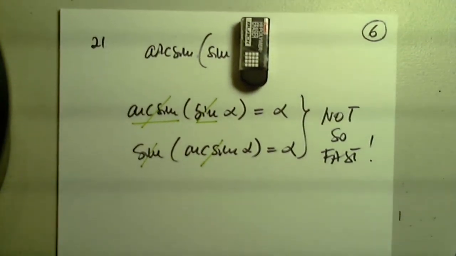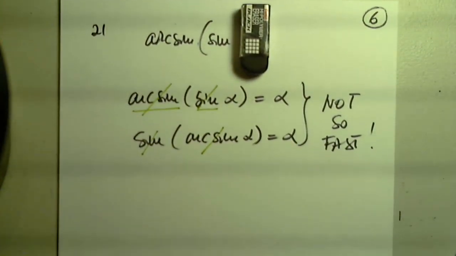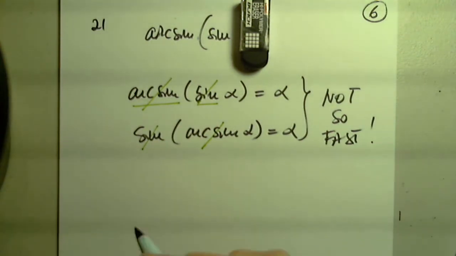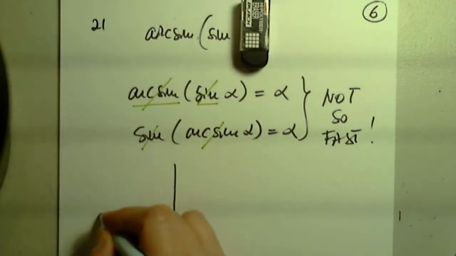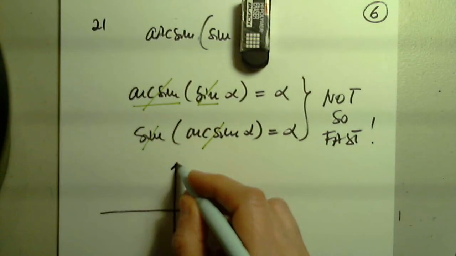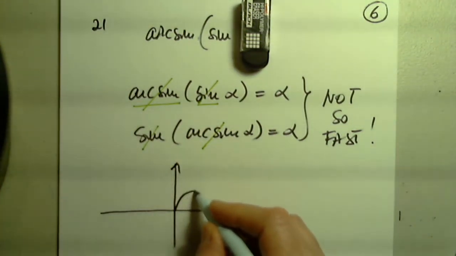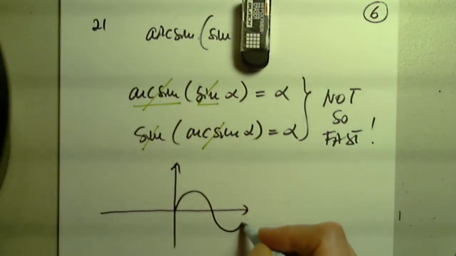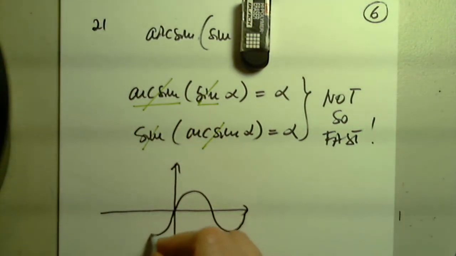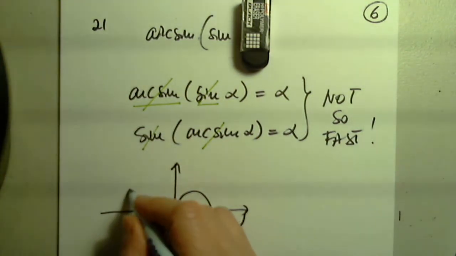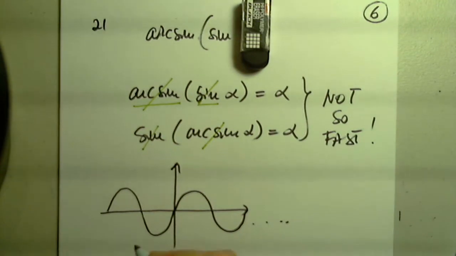So what do I mean by that? What is my point here? Let's look at the sine function. As you know, the graph is this, and it goes on forever. It's a periodic function, it goes on forever.